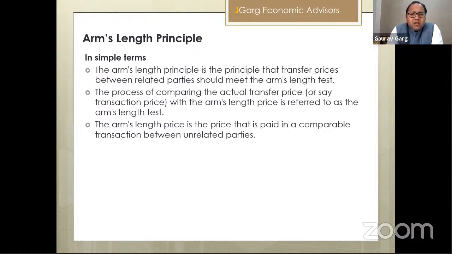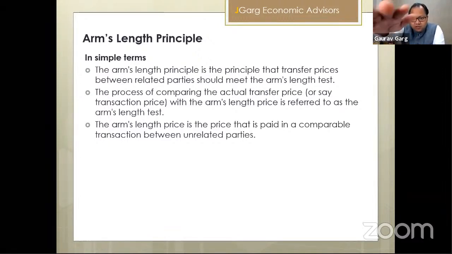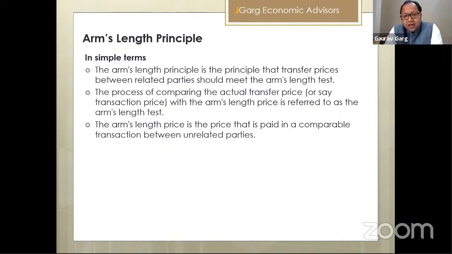So when we meet a person who is not connected to us, who is not related to us, we generally try to maintain the distance of an arm's length. And in COVID times, one may be maintaining more distance.